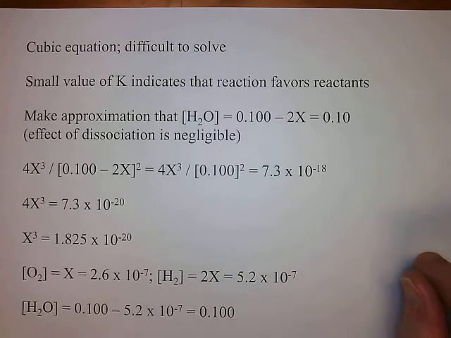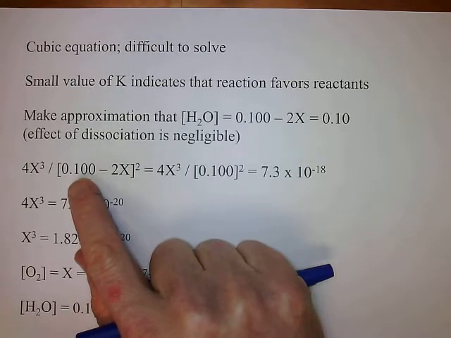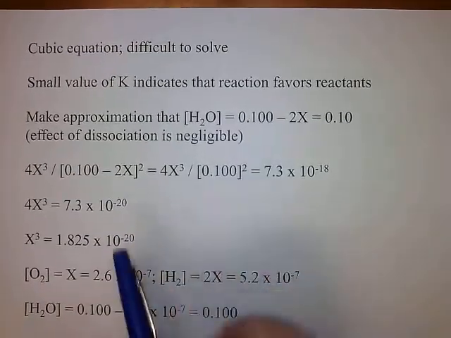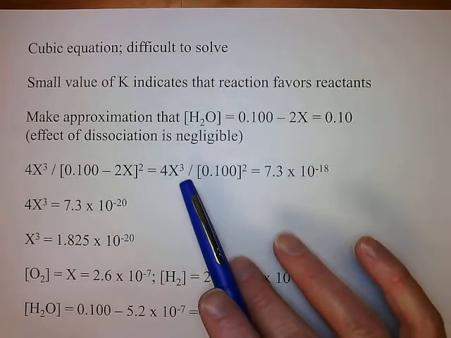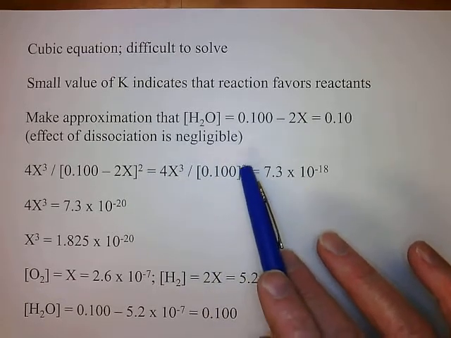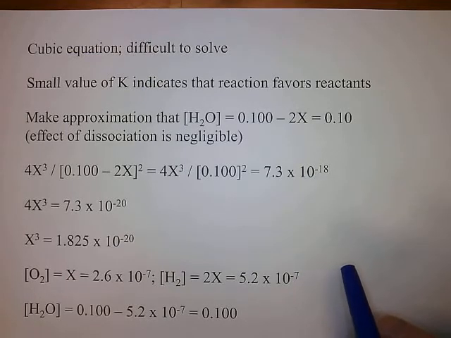So now our equation, which was 4x cubed over 0.1 minus 2x squared, simplifies down to 4x cubed over 0.10 squared is equal to 7.3 times 10 to the minus 18th.